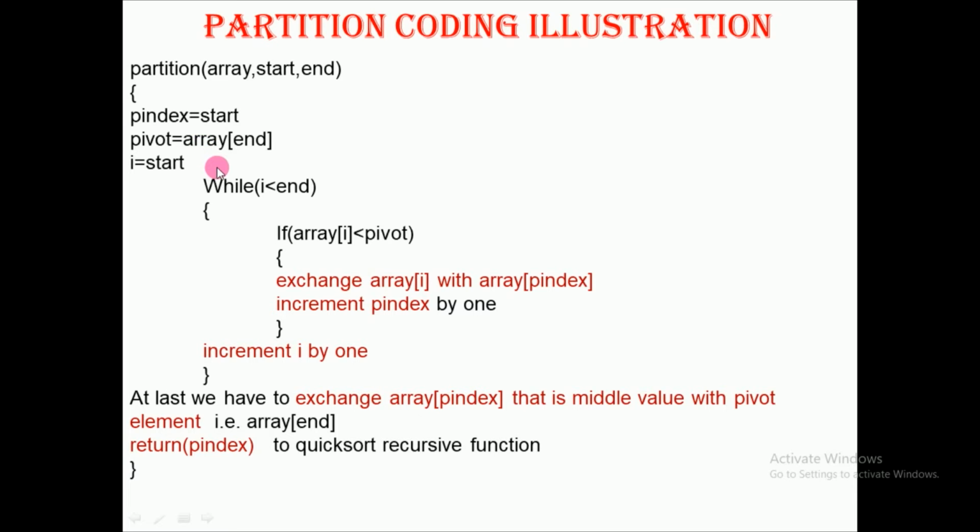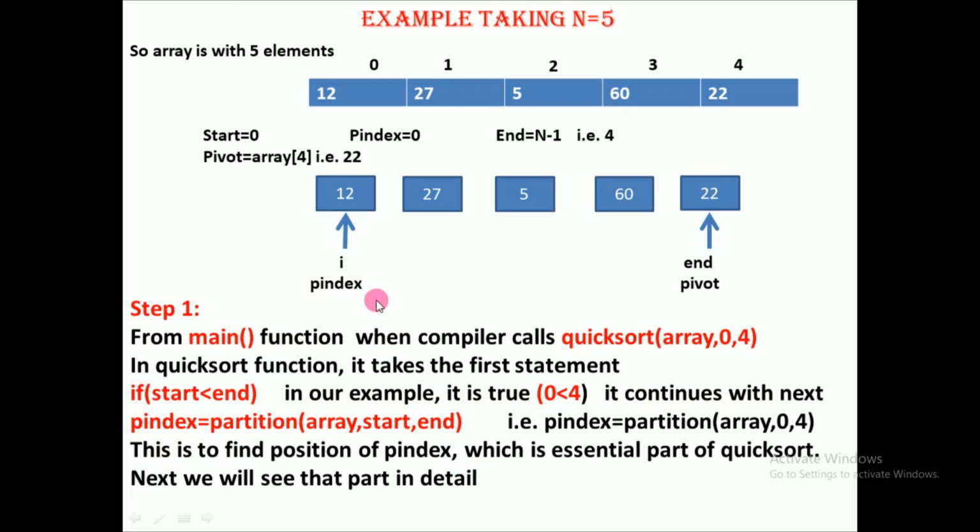That means after this partition process, we will get one P index position. By that we can place the pivot element at the center and we will get two parts, left part and right part. That is the concept of quicksort. When this partition process is over, again it will go back to the recursive function.